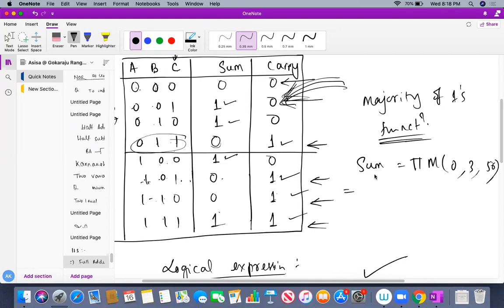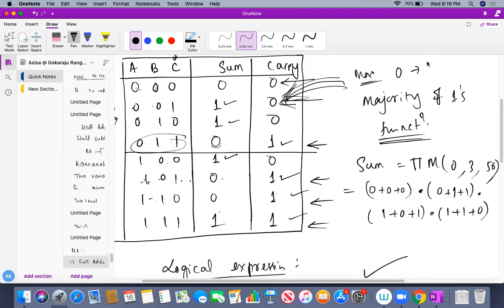If I am going to express it in function, how to do it? 0 means 0 plus 0 plus 0, and AND operation with 0 plus 1 plus 1 for 3. Next, 5 means 1 plus 0 plus 1. 6 means 1 plus 1 plus 0. Now I know that for a max term, 0 is represented as an uncomplemented variable, and 1 will be a complemented variable.